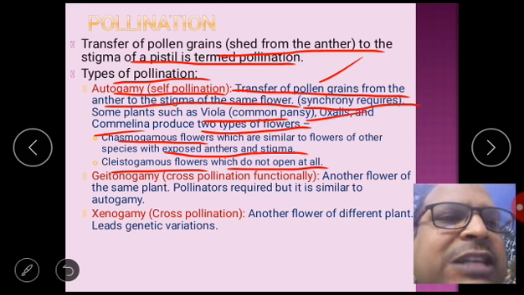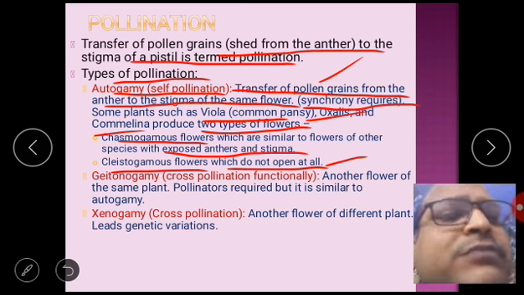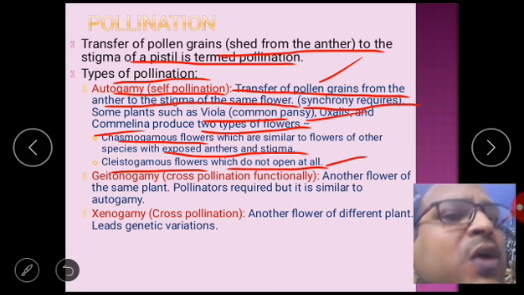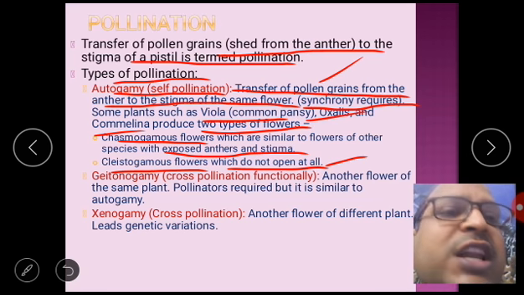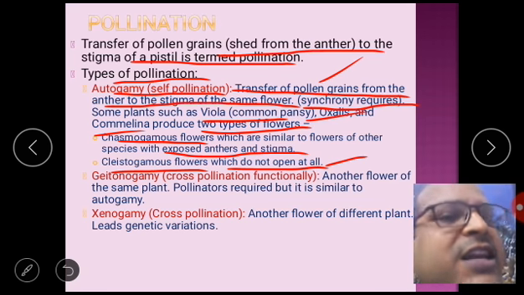Cleistogamous flowers do not open at all, so they always undergo autogamy or self-pollination. Is it clear? If you have any doubt, please mention it in the comment section and I will clear your doubts.